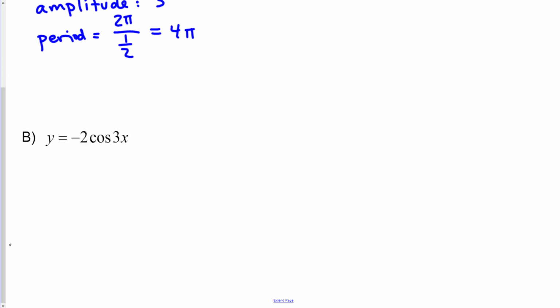Part B, y equals -2 cosine 3x. So the amplitude, different textbooks will treat this differently. My experience says that the amplitude is always defined as the absolute value, so the amplitude is 2.